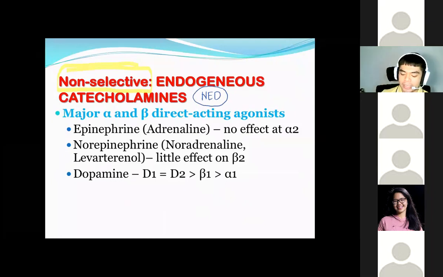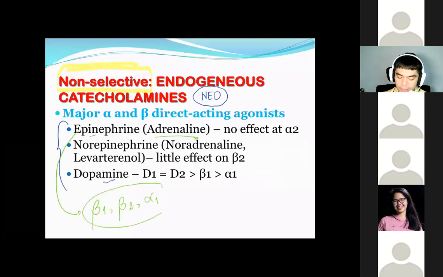Makikita natin sa receptor targets ng tatlong gamot na to, marami silang tinatarget na sympathetic receptors. For example, kay epinephrine. By the way, epinephrine is also known as adrenaline. Ang target ng epinephrine ay beta 1, beta 2, and also alpha 1 receptors.